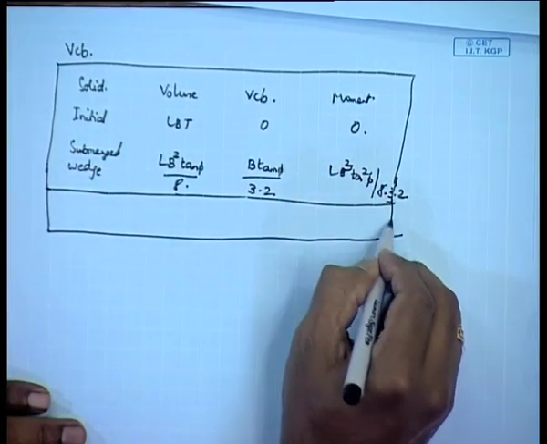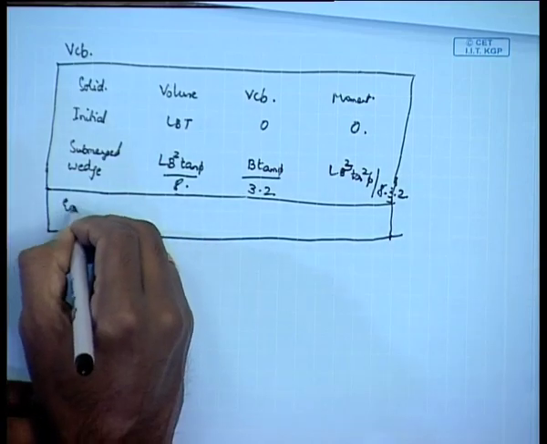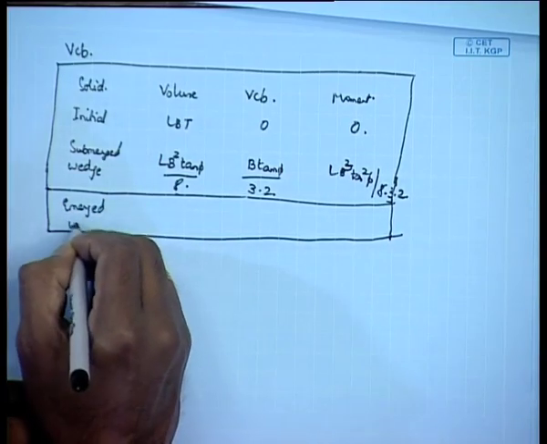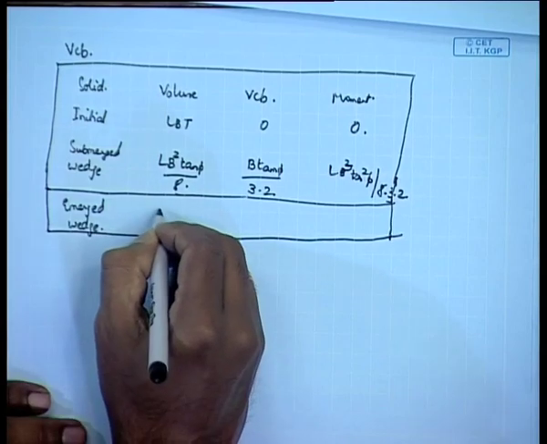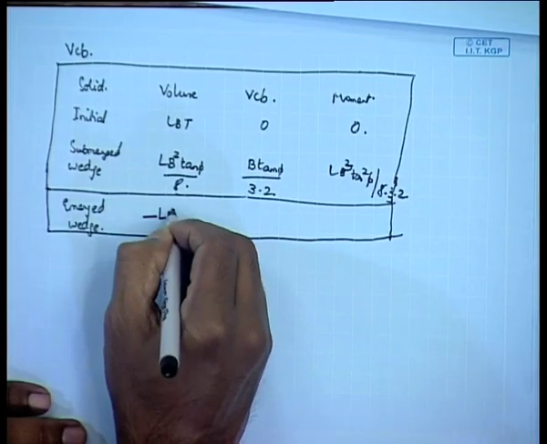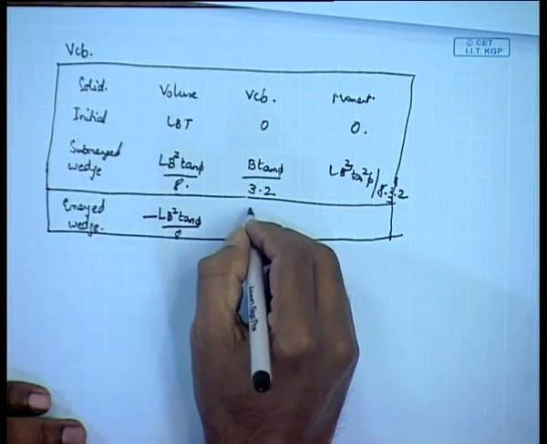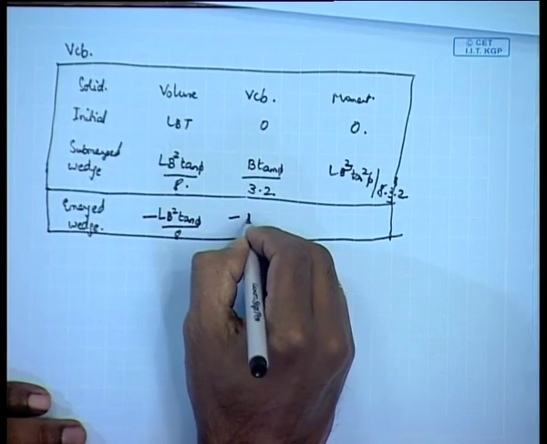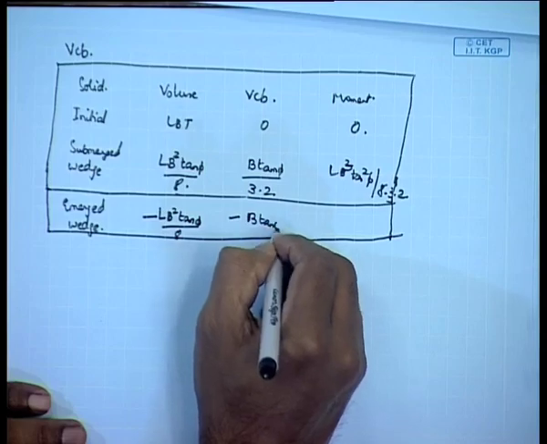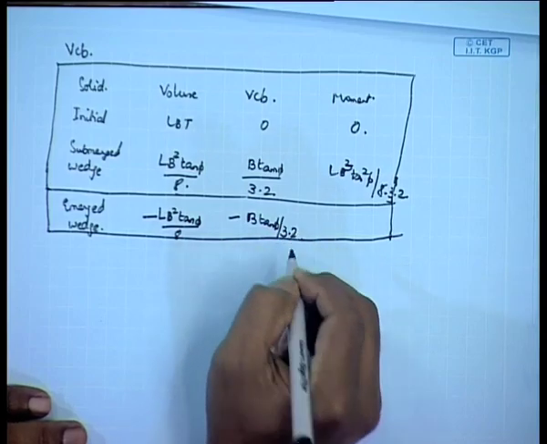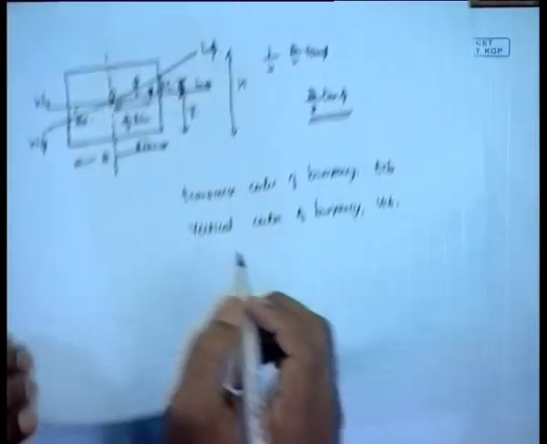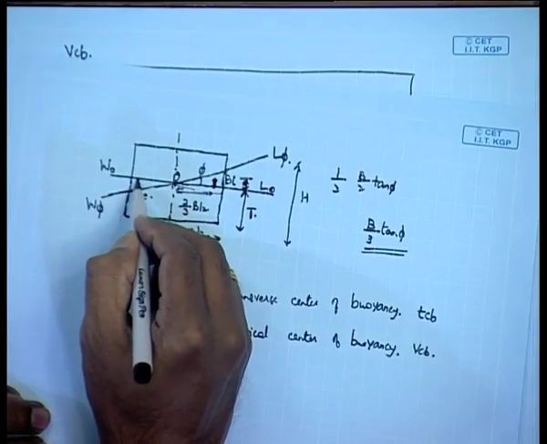Then we will have the emerged wedge, its volume will be negative L b square tan phi by 8, and this will be negative b tan phi by 3 into 2. Again, nothing to explain because it is just this region, this height.